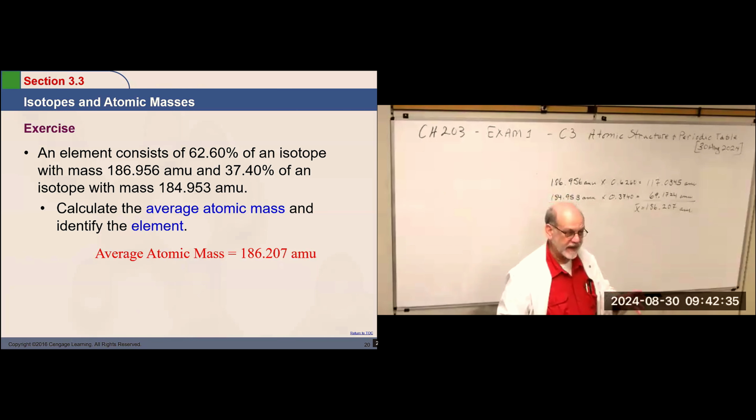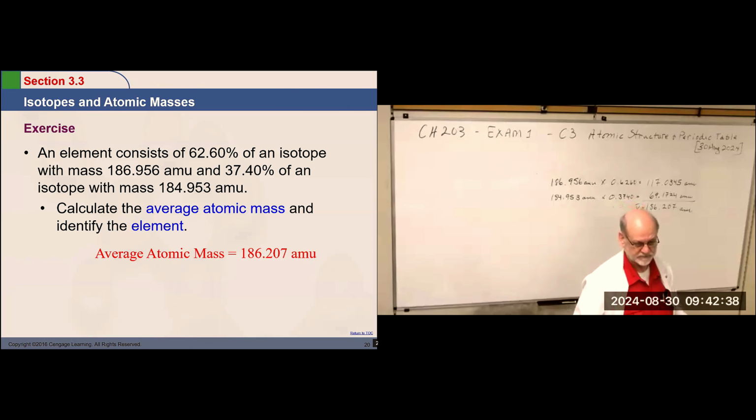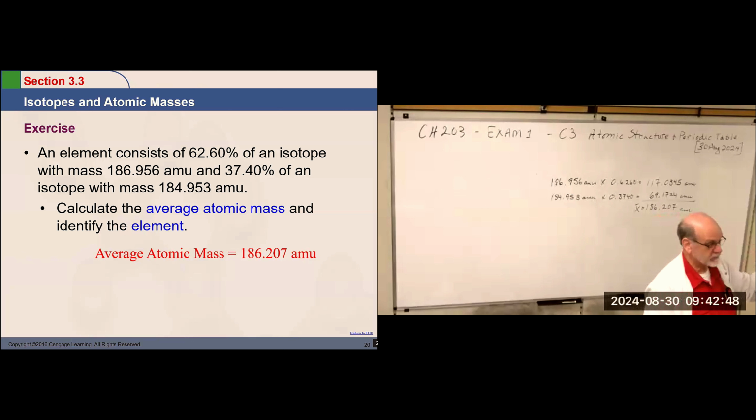Now it's asking us for the element. Which element is it? We don't have the number of protons, but fortunately, the atomic weight is usually different for each one. Some of them are pretty close. Then you need a tiebreaker, but most of them are far enough apart. So if you just look for 186.207, let's see, which one comes close? Re.